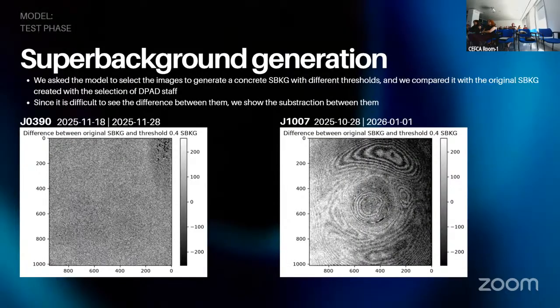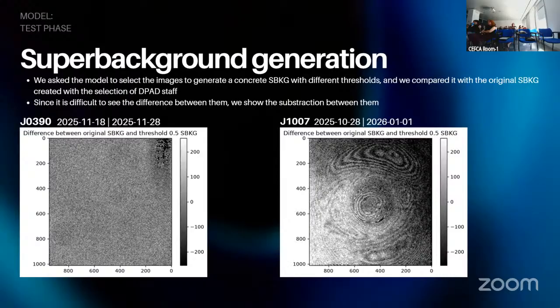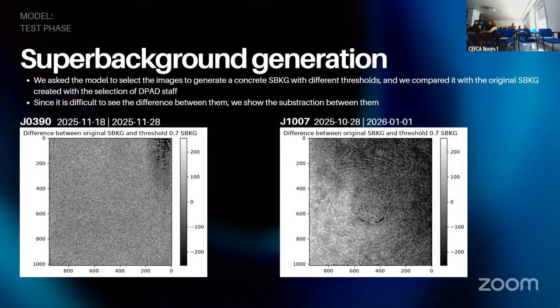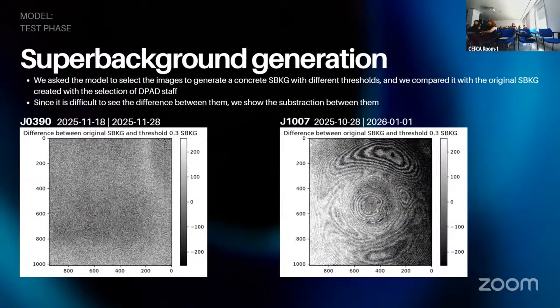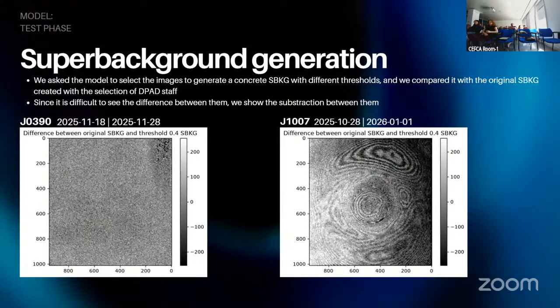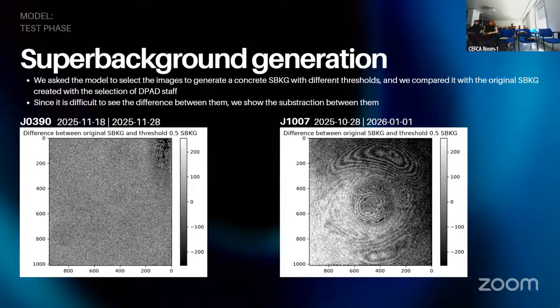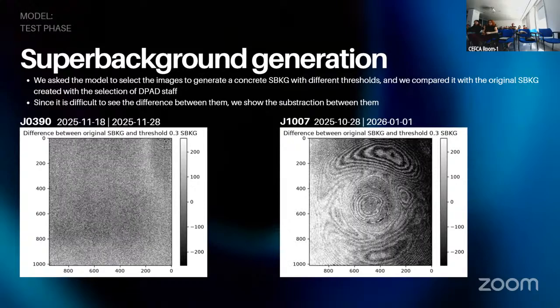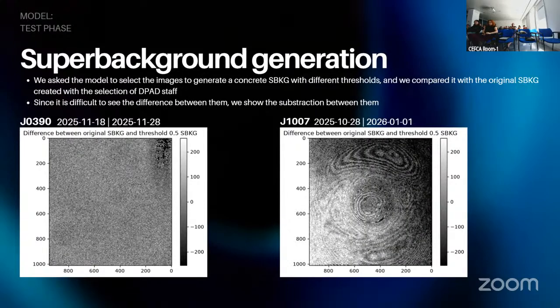So sometimes you have to divide the night in several parts. If you're comparing with the average super background with many images, a small selection of images might not be representative, so the average might not be exactly the same. It's definitely an interesting exercise.